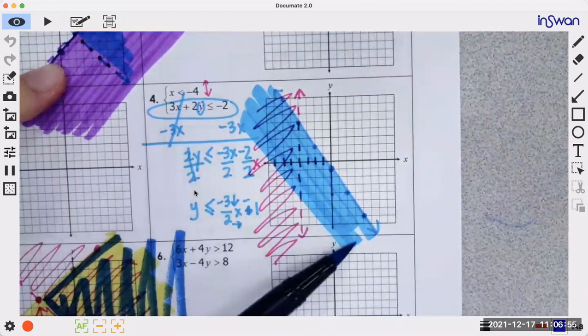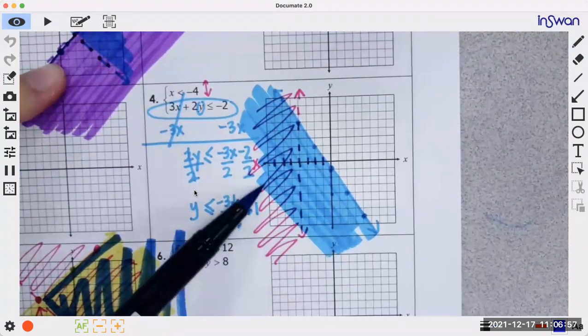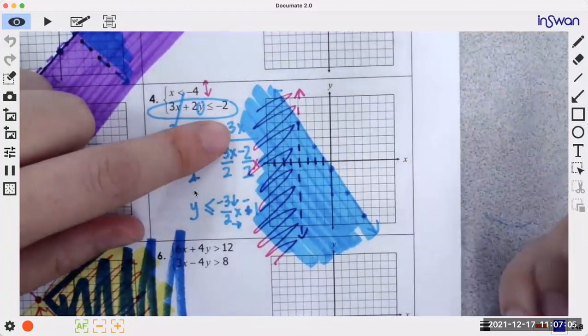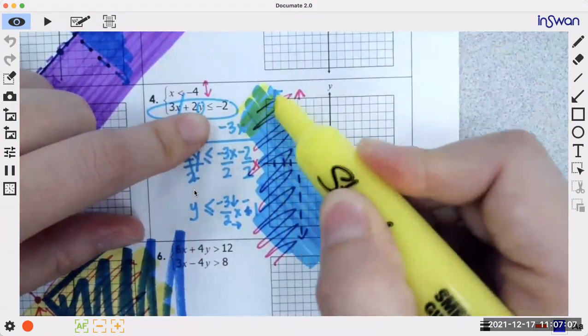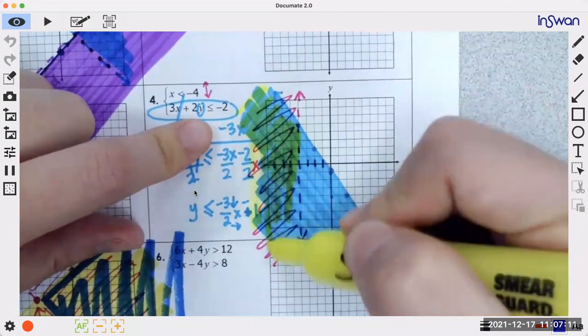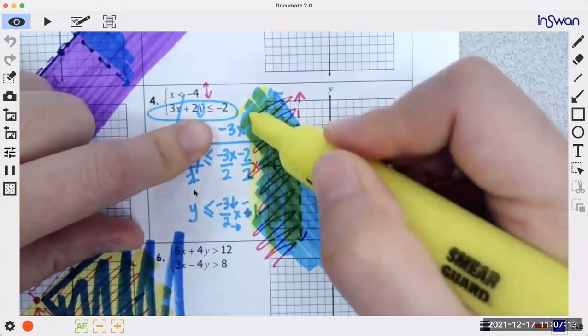Okay. And my solution is the part that has both colors. So for me, that falls in just this little spot right here, up to that.